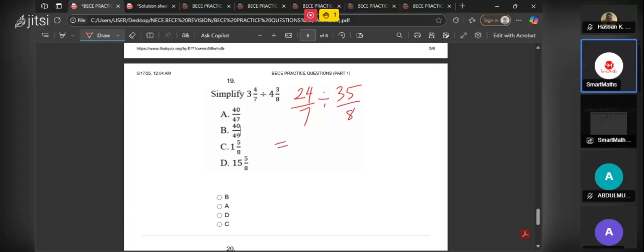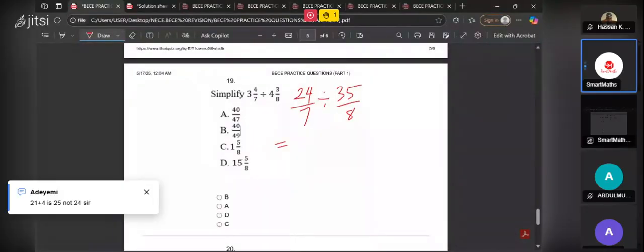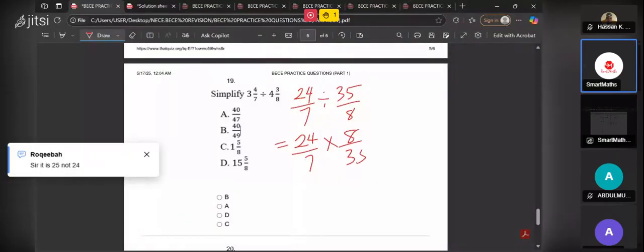All right. The next thing now, we cannot do anything here unless we change the division to times. When you want to change division to times, the next fraction will be flipped. The first fraction will remain as it is, then times, the next fraction will now be flipped. That will be 8 over 35.